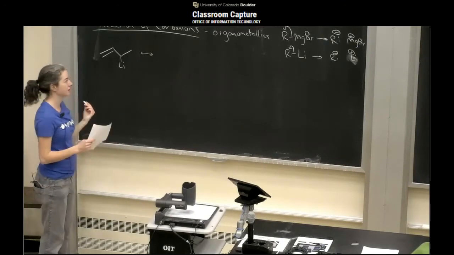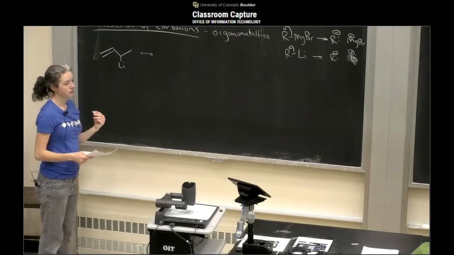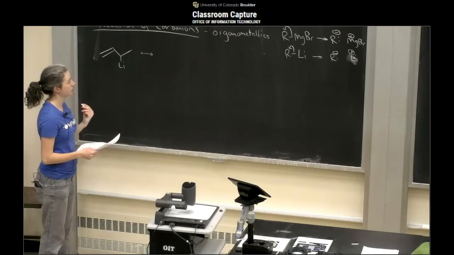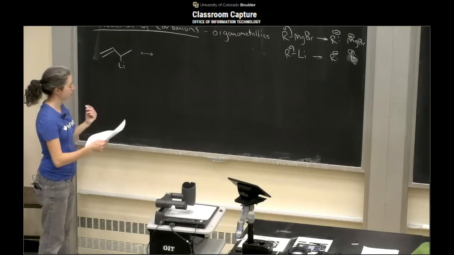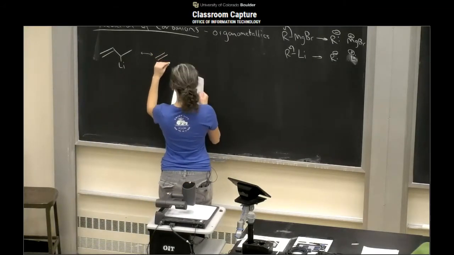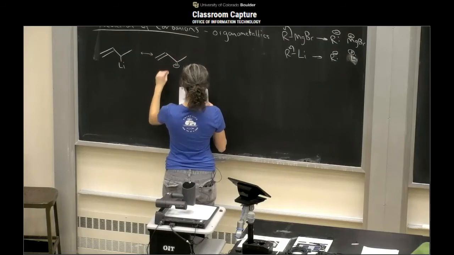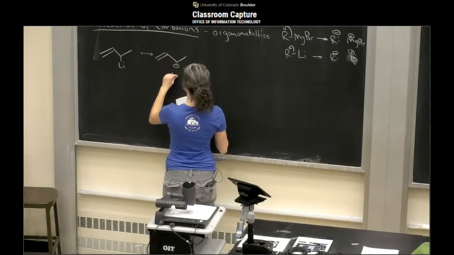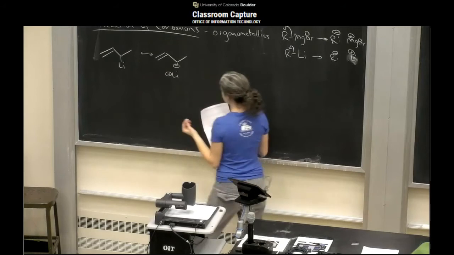We are showing sigma bonds breaking and forming, so it's kind of iffy whether it's actually resonance or not. However you show it, I'm probably going to be okay with. So carbon with a negative charge there, lithium with a positive charge there.